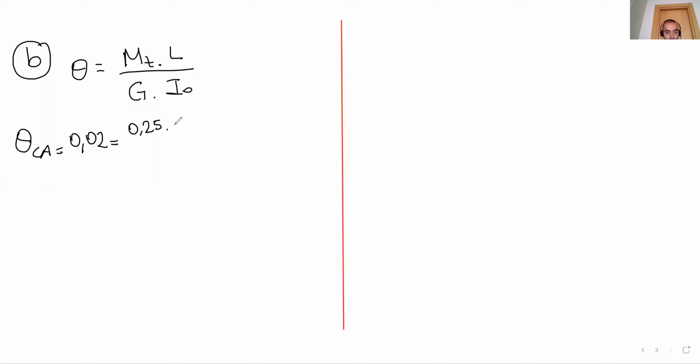The 10 to the power 5 is just for unit conversion, times the length of the member, which is 1 meter, so 100 centimeters, over G times I0 that we calculated on the previous page, plus for the second portion, the moment is the same times 6 over G, which is unknown, and I0.